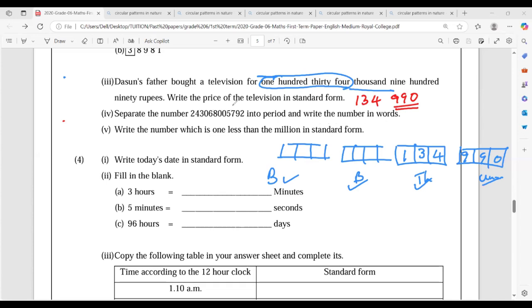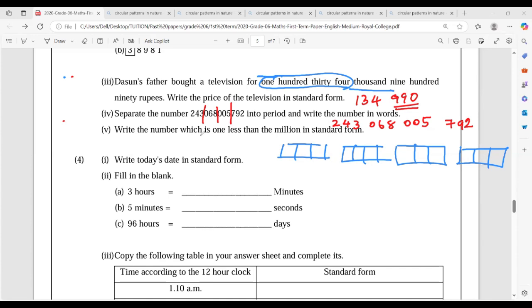Separate this number into periods and write the number in words. If you want to separate this into periods, you start from the right side and separate into 3-digit groups. Now we have 4 periods, so billions are also there. To write it in standard form, this is very simple: 243 here, 068 here, 005 here, and 792.